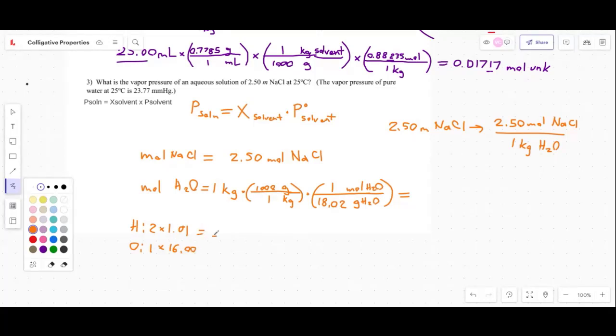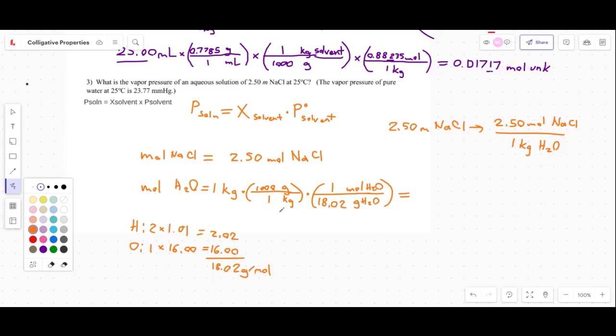That gives me 2.02 and 16, which add up to 18.02. I know I probably didn't need to do that, but just in case anybody watches the video later on and wonders where that 18.02 came from. That's the 18.02 grams per mole.